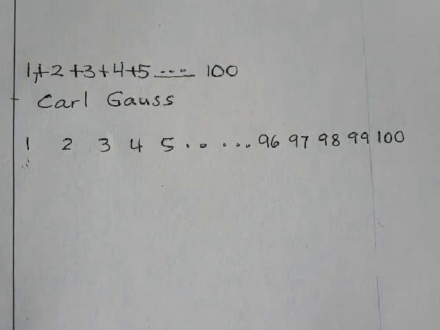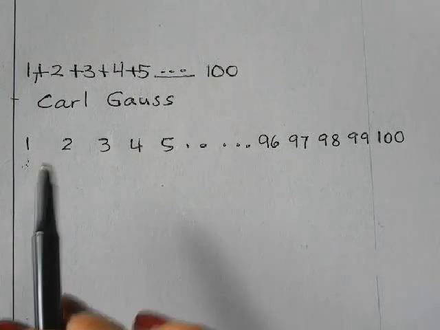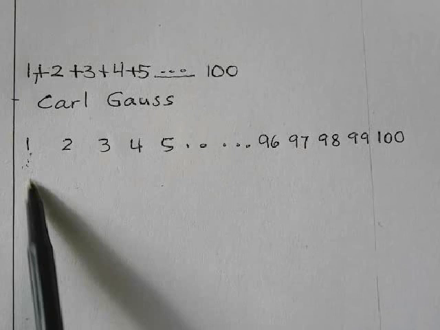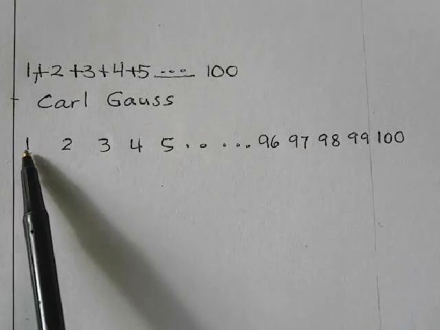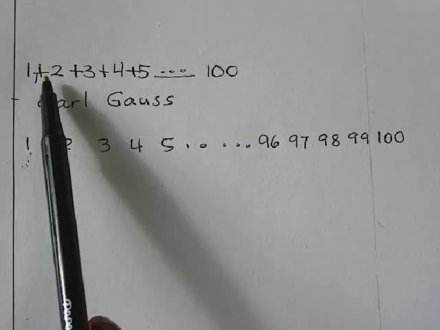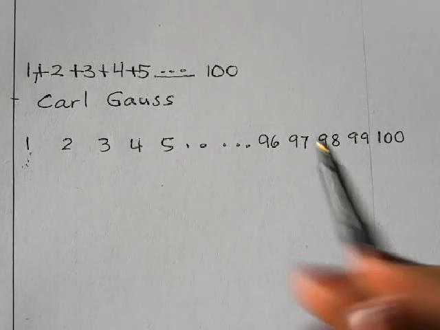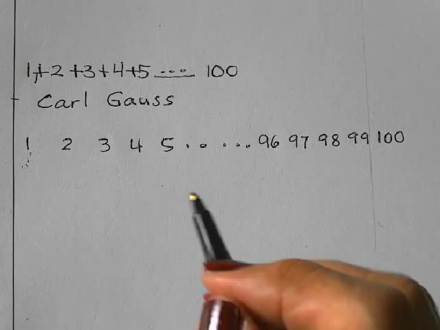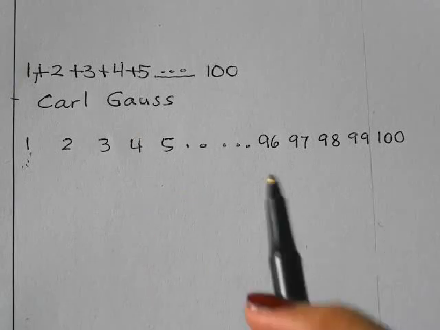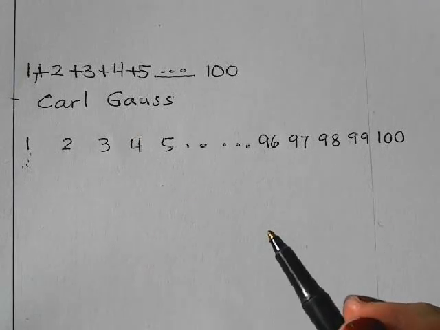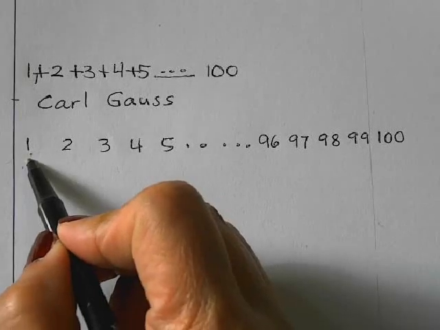So that is what we're going to add. For us, normal beings, we will add 1 plus 2 plus 3 plus 4 plus 5. But Gauss did it in another way. This is how he looked at these numbers.